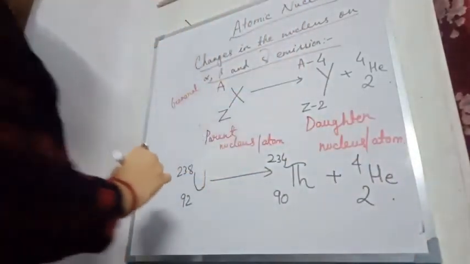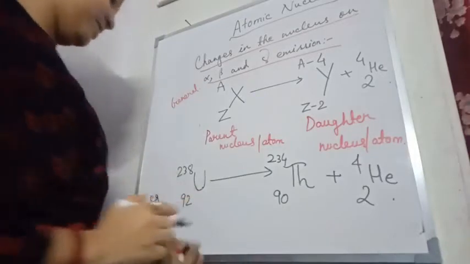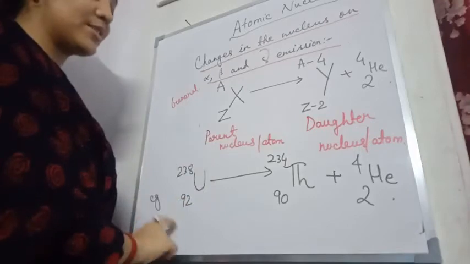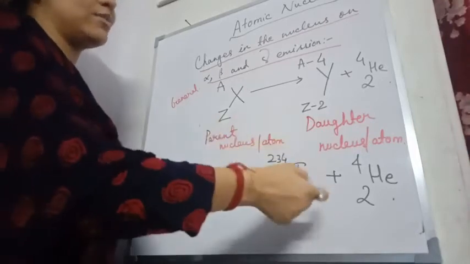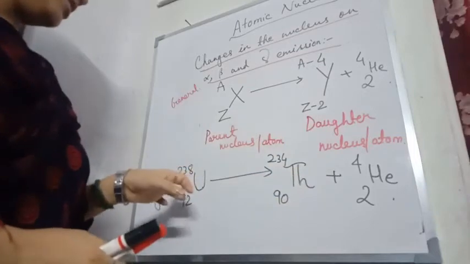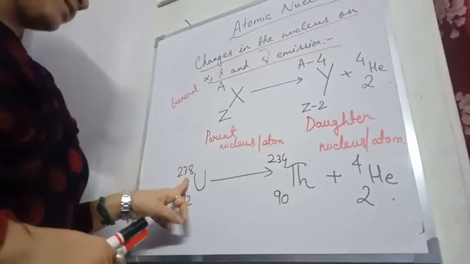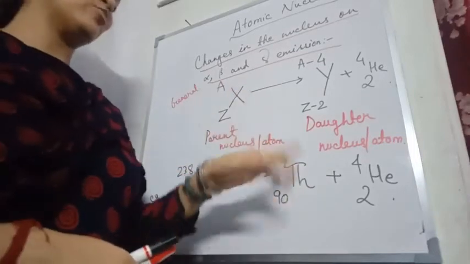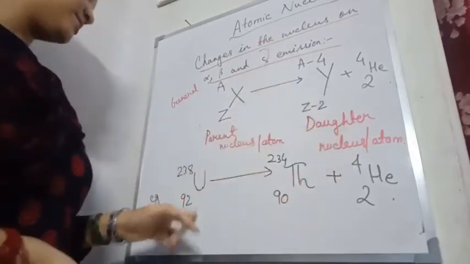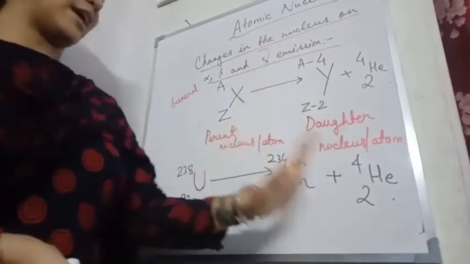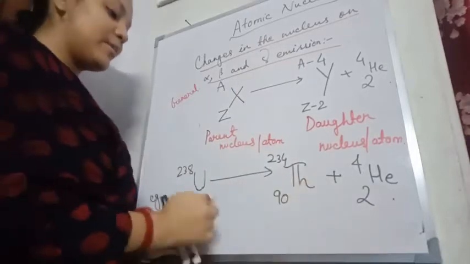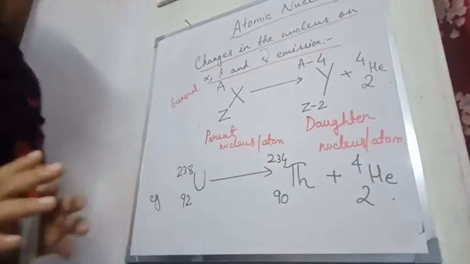Here we have to remember: left hand side mass number will be equal to the right hand side mass number, and left hand side atomic number equal to right hand side atomic number. See here, 238 on the left hand side, on the right hand side 234 plus 4. Then left hand side atomic number is 92, right hand side we have 90 plus 2, so 92. So atomic number and mass number get balanced.